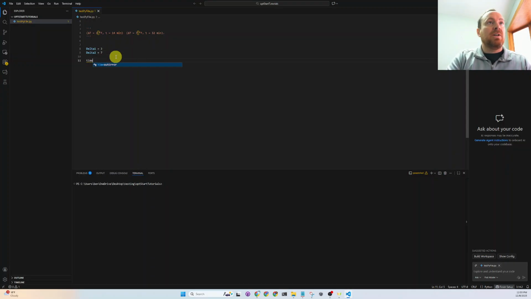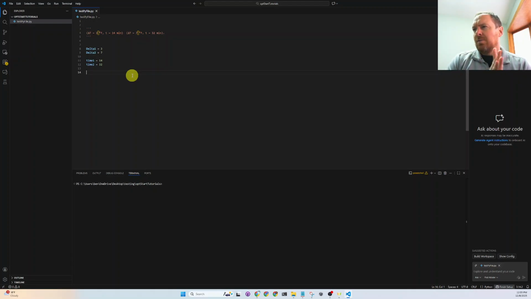We could do time 1 equals 14, and time 2 equals 32. So that's this data here: 3 degrees, 14, and then our 7, and then our 32. So let's compute the rate for degrees per minute.